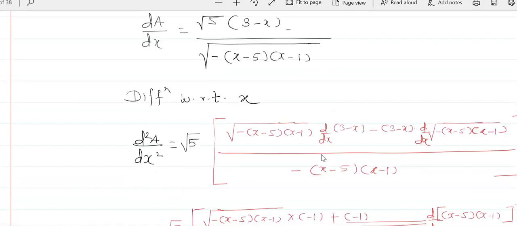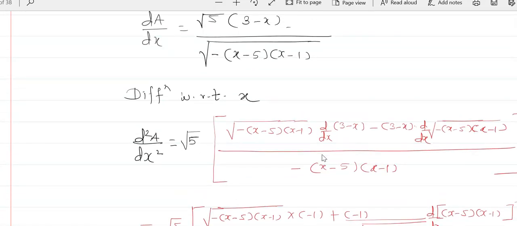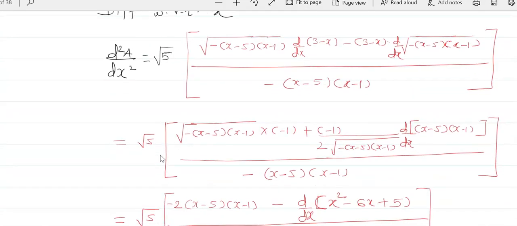And again find out the second derivative, d2A upon dx squared, is equal to root of 5. And this is the simplification that you will get.